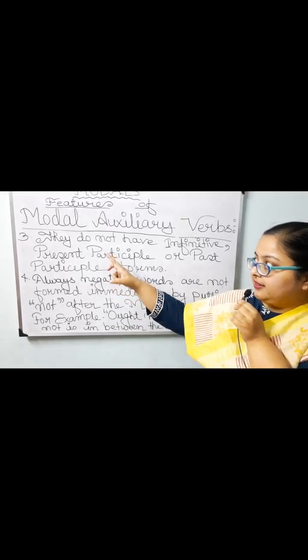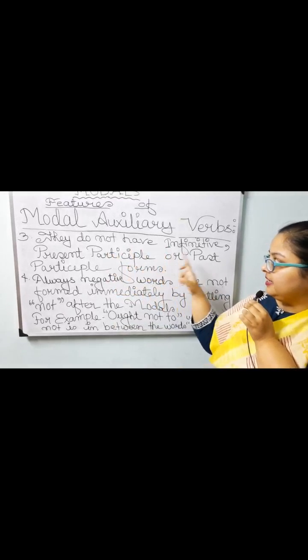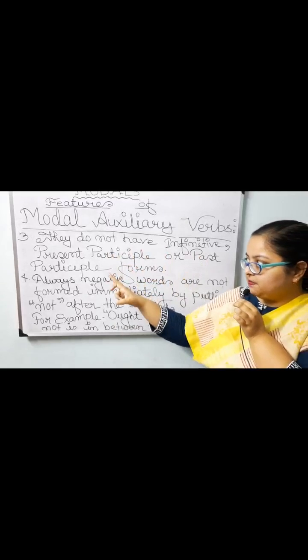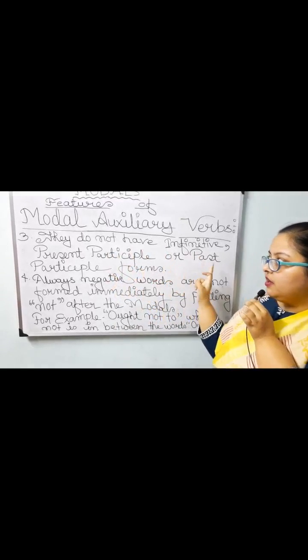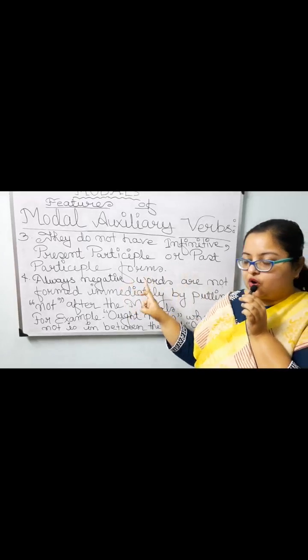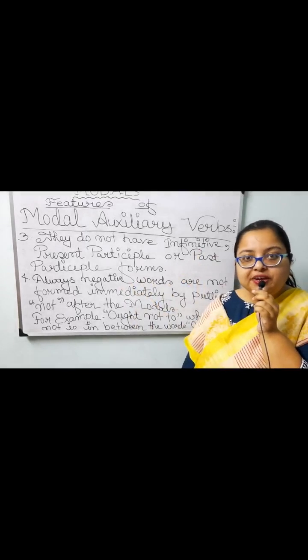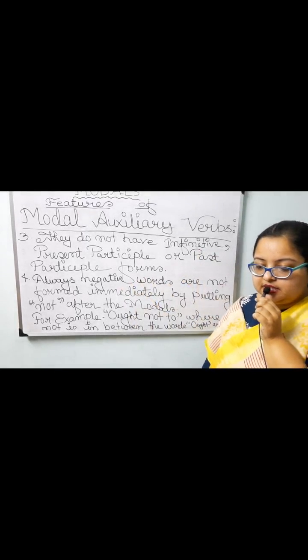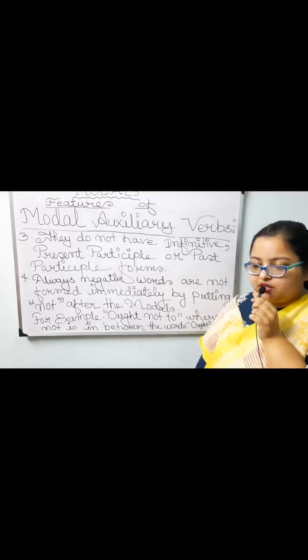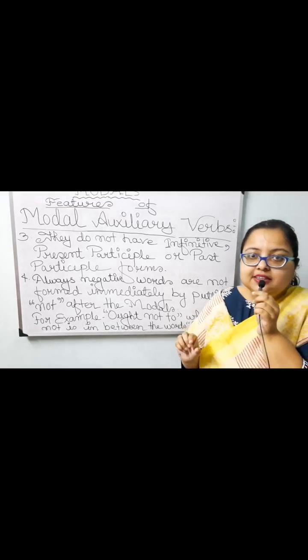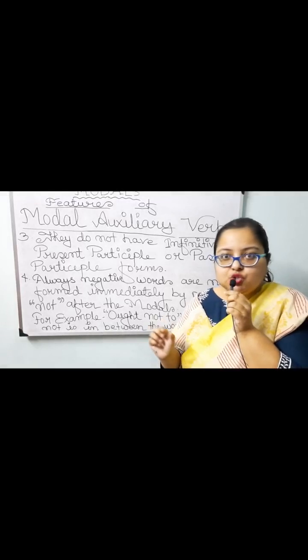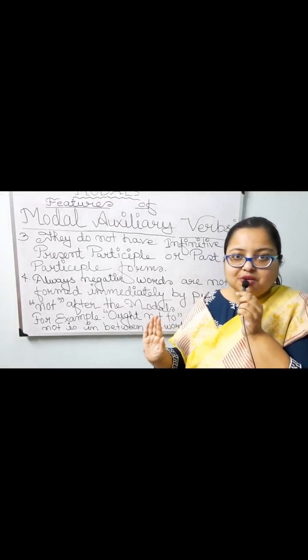Number 3, they do not have infinitive, present participle or past participle forms. Infinitive. Suppose to infinitive. You cannot have any word like to can with the words to can. No, it is not possible.